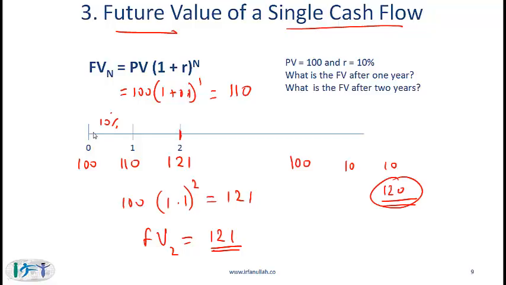What has happened is, at the end of year 1 we have 110, which is the original 100 plus the $10 interest. That entire amount, the $100 and the $10 interest, is being reinvested for the second year. So in our compounding scenario, even the $10 is receiving interest, and it is the $1 interest on these $10 that is giving us the extra $1 over here.